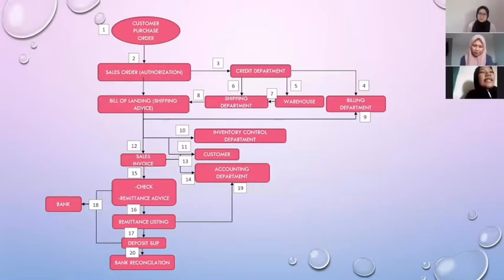The remittance listing will be sent to the accounting department to record the payment by the receivable. At the end of the month, the company will make the bank reconciliation.